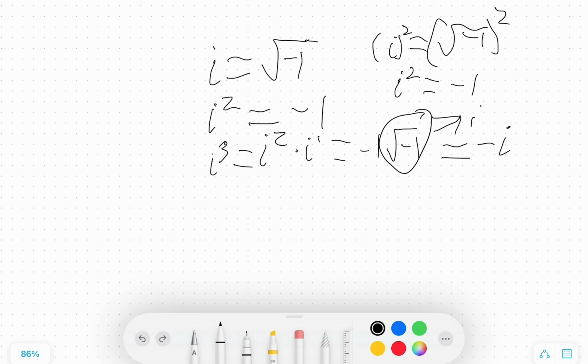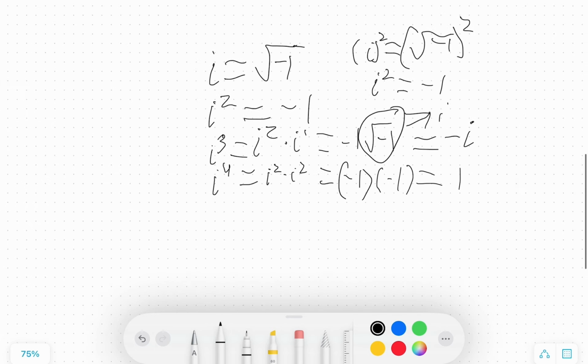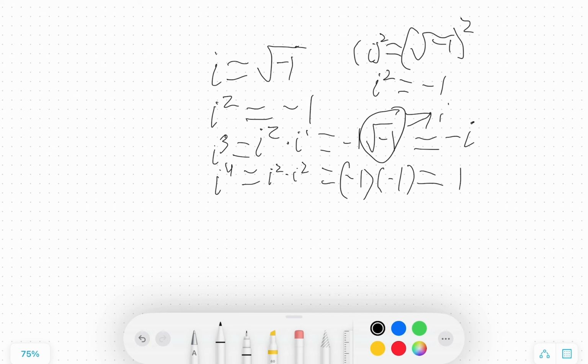Now let's look at i to the fourth power. This can be rewritten as i squared times i squared, according to our laws of exponents. i squared is -1, and i squared is -1. 1 times 1 is 1, and we have two negatives here, so it's just 1. It's positive. And then let's keep going. i to the fifth power can be rewritten as i to the fourth times i.